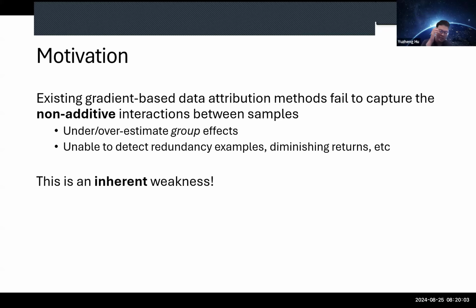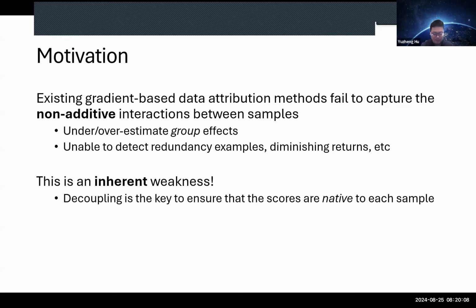And I think this is actually an inherent weakness. For most of the existing gradient-based data attribution methods, a key to them is so-called decoupling. Decoupling means that we assign a score to each sample, and this is the key to ensure that the scores are native to each sample. Otherwise, for instance, in influence functions and in the representative point selection that we just described, we need to really make sure that we have a score for each sample, and these scores are native to each sample.